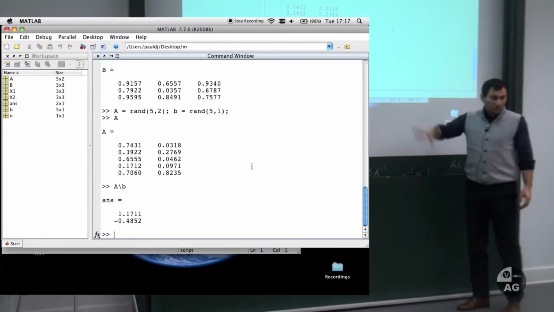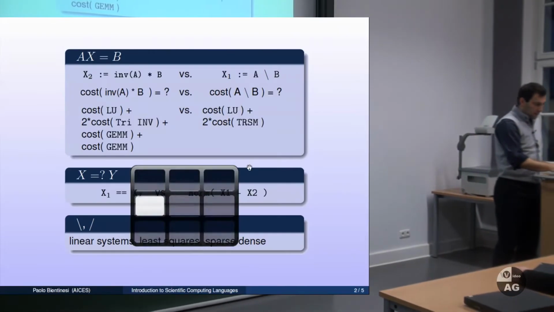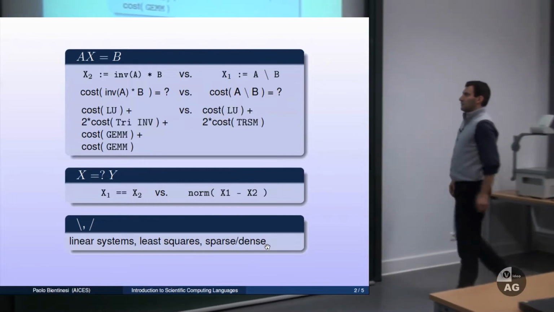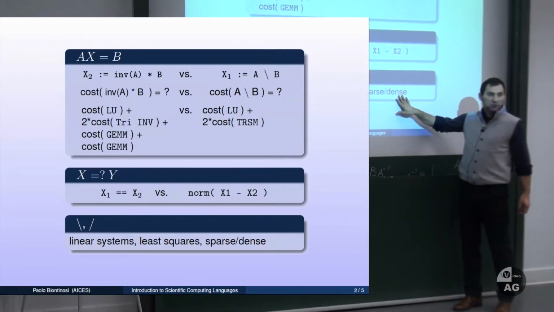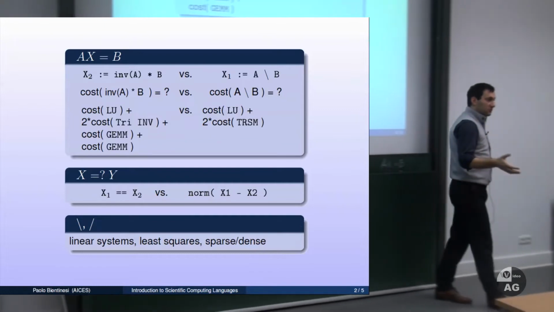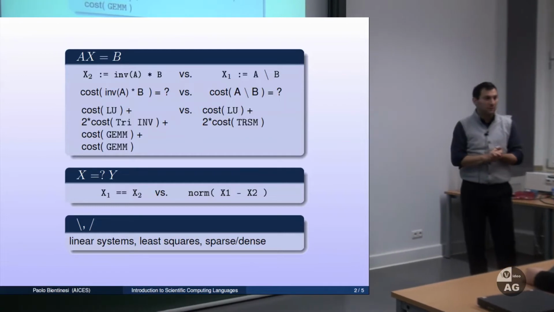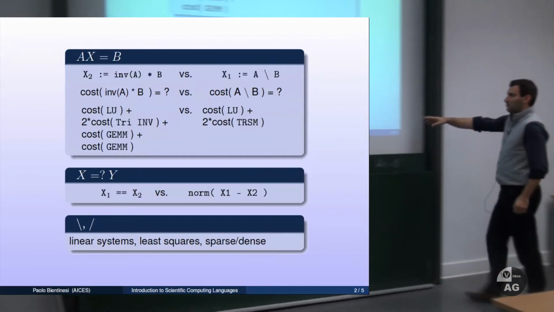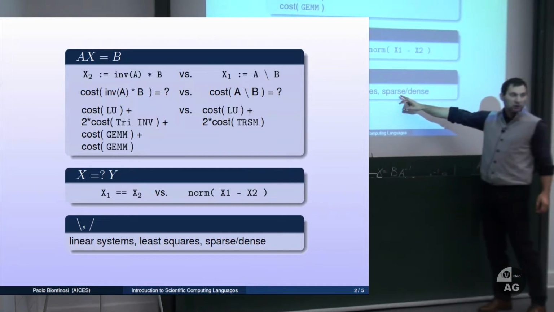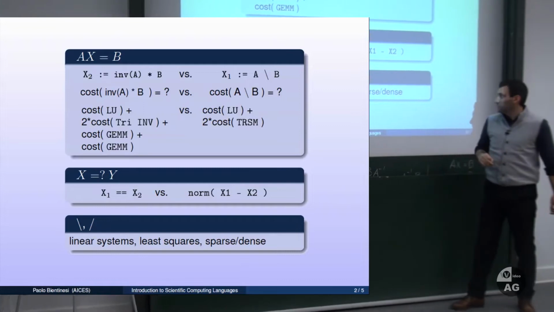And then, even more importantly, Matlab determines whether we are operating with sparse or dense matrices. And again, for those of you who actually are taking the class to do something with it, to use Matlab, the sparse word is probably very, very dear or important to you.